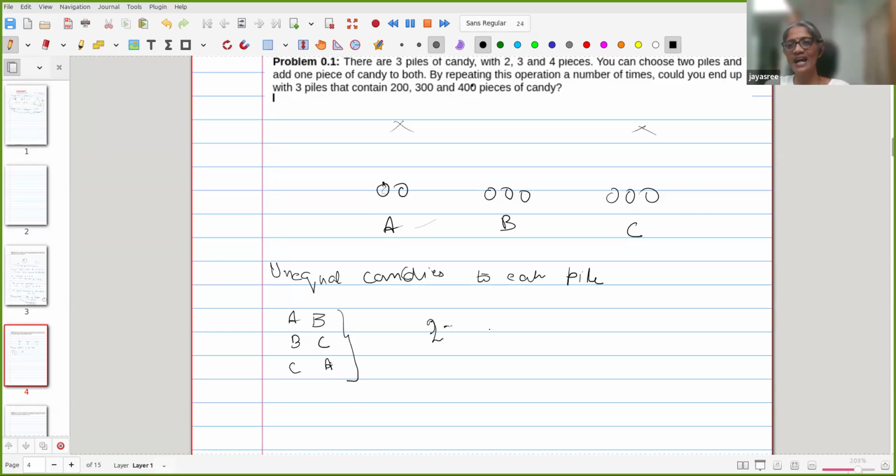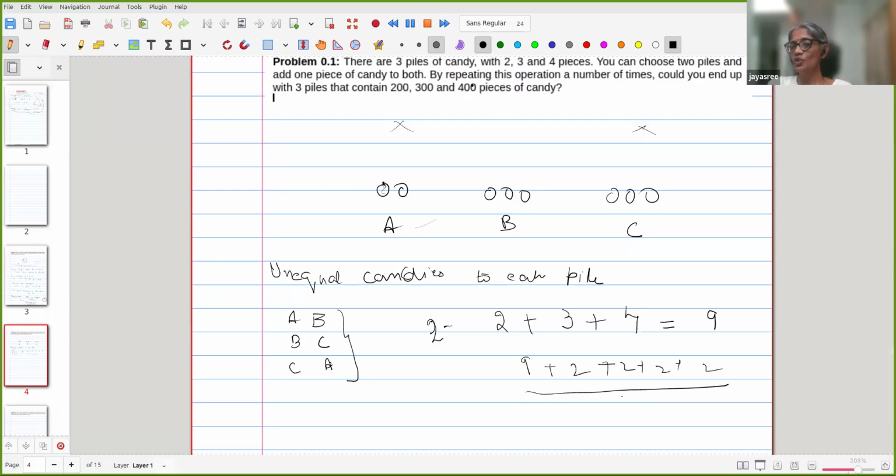It's like what Shraddha and Sandhya said. Totally we have 2 plus 3 plus 4, which is 9 candies. And irrespective of which pile we add to, we are adding 2 candies at each step. So the total candies will be 9, an odd number, and to 9 you are adding 2 plus 2 plus 2 like that.